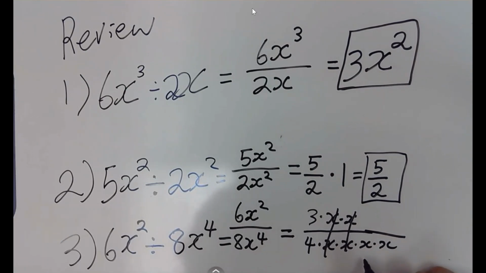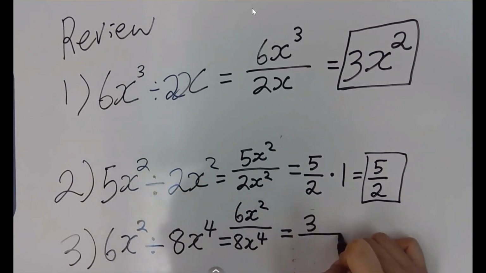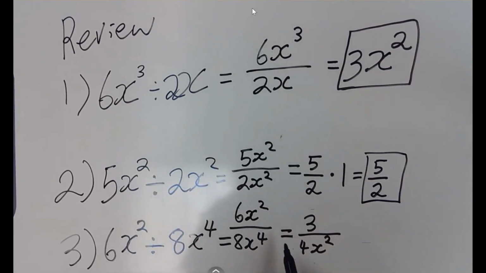So there we will be left with 2 x's on the bottom. So then my final answer is going to be 3 over 4x squared. Just keep in mind that when the bottom number is bigger, we still subtract, but we leave it on the denominator.